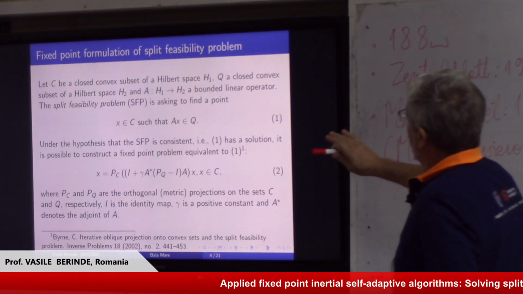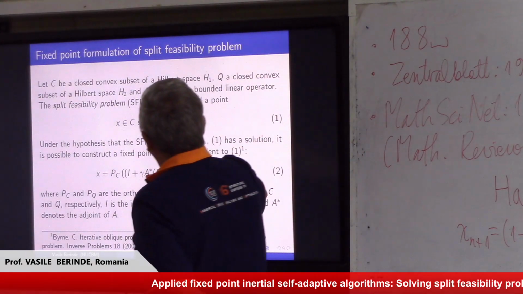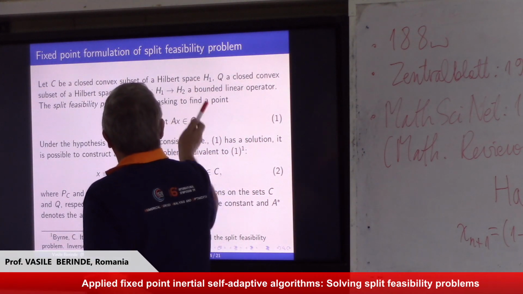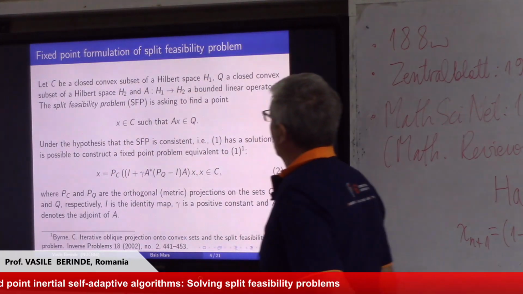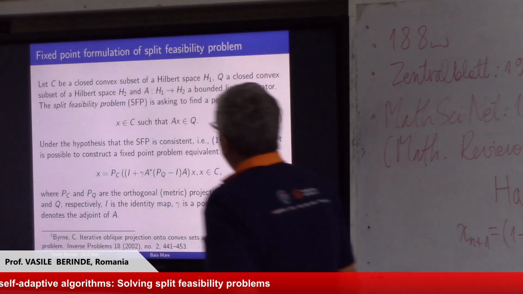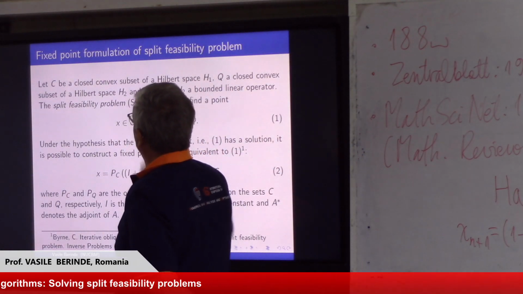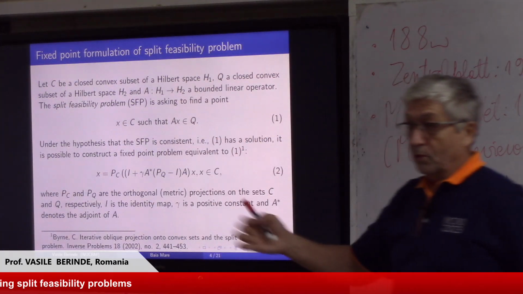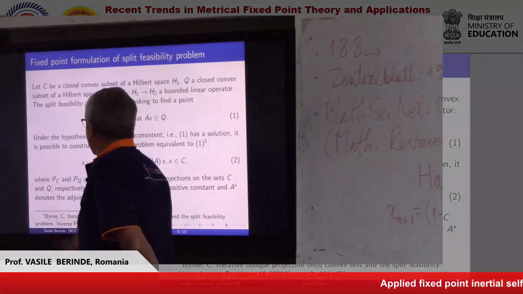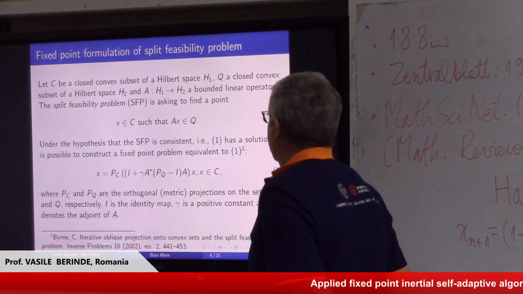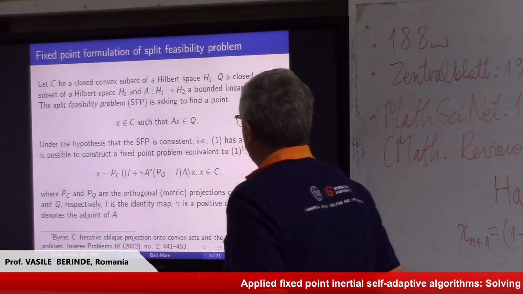If we have a close look, we can see that if the spaces coincide and if the sets also coincide, this is actually a kind of inclusion problem. Inclusion problems are contained in the split feasibility problem, but also many others. It is known, and I refer to this nice paper by Byrne.